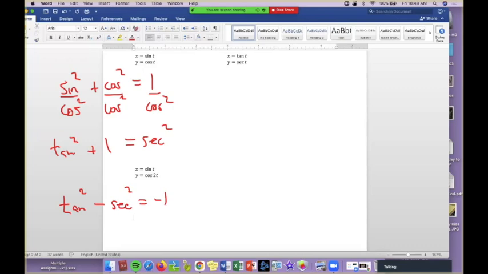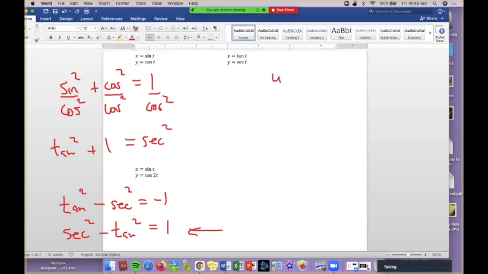Well, that should be... Or I'm looking at my answer key and I wrote it this way. I wrote secant squared. This might be how Alioth taught you guys. Secant squared minus tangent squared equals +1. So let's try to manipulate towards this format. I'm going to start off by squaring the y side.